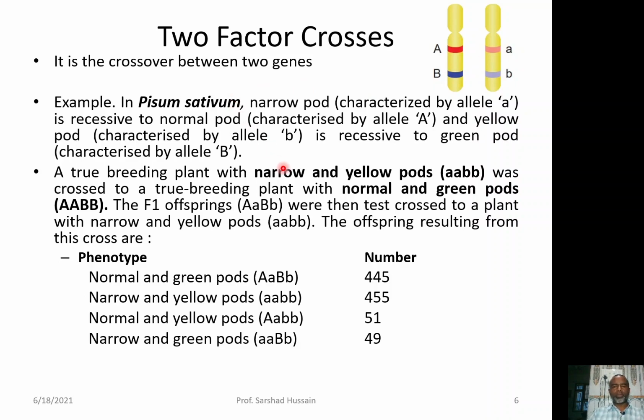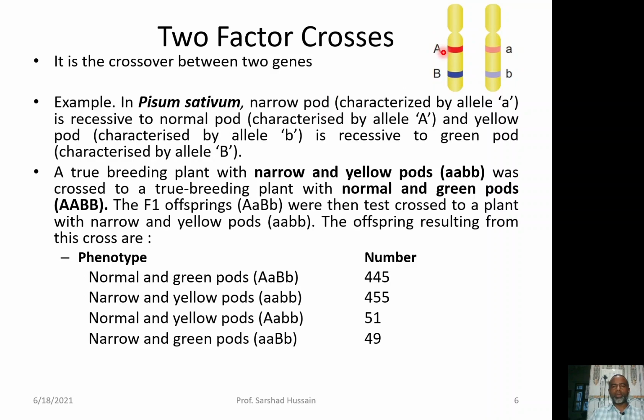You have two types of the genes, two types of the allele, you can say. One is small a, which represents the narrow pod, it is recessive one, so it is small, and you are having the normal pod, which is represented by capital A.